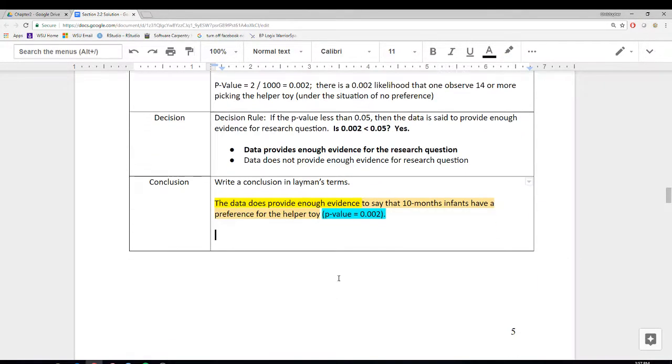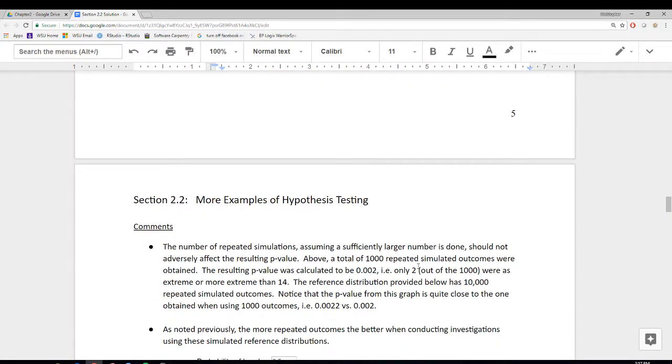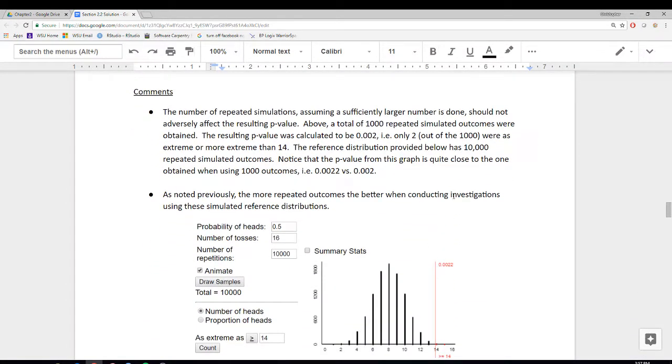All right, let's go ahead and talk about a couple of comments regarding this example. The first comment here on page 6 is just talking about the fact that the number of repeated simulated outcomes should not adversely affect the calculation of the p-value.